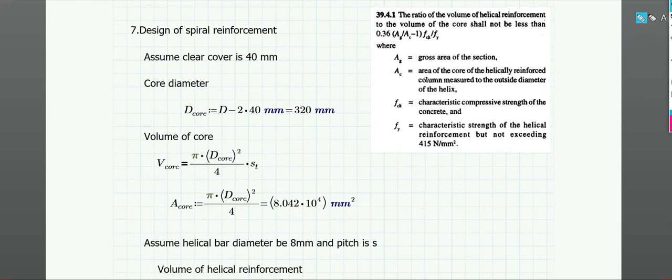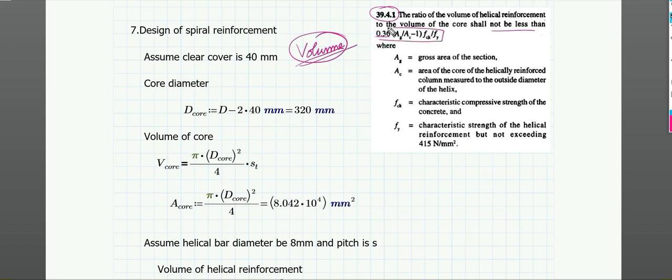Now the spiral reinforcement needs to be designed as per clause number 39.4.1. What does this clause say? The ratio of the volume of the helical reinforcement to the volume of the core shall not be less than 0.36 (Ag/Ac minus 1) fck by fy.